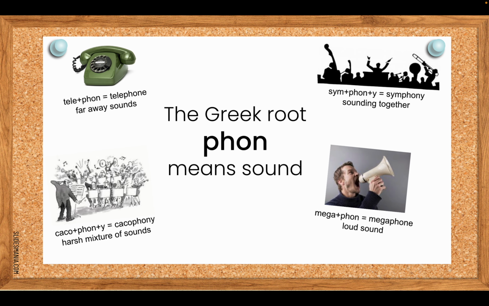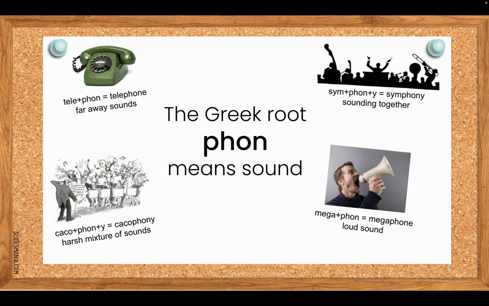All right, so last week we talked about morphology, and so we're going to be looking at some of these Greek roots again. So we have the Greek root phon, which we think of phonological awareness. We want to remember that phon means sound. So if we have tele, which means far away, a telephone is a device used to hear sounds from far away.